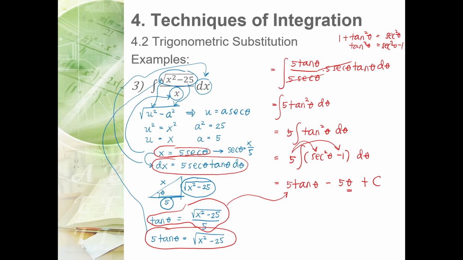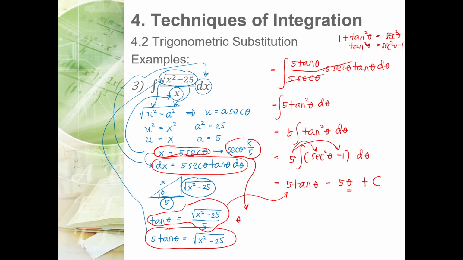We can obtain theta by using the formula. Again, the formula is u is equal to a secant theta, which we have as x is equal to 5 secant theta. Then isolating secant, this becomes this term here. So we just continue by isolating the secant function.